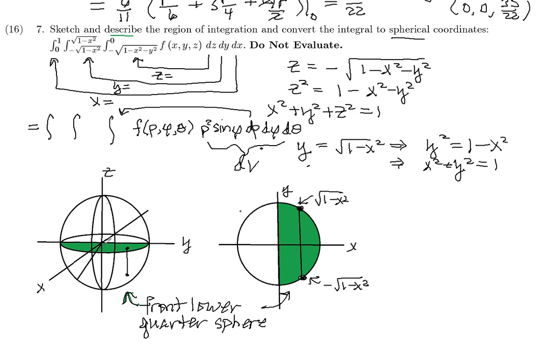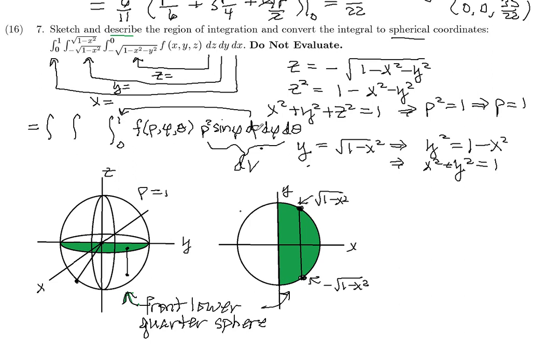It starts at radius 0 and it ends out here on the sphere, which is radius 1, right? X squared plus y squared plus z squared equals 1 is rho squared equals 1, which is rho equals 1. The sphere is rho equal 1. So these limits are 0 to 1.